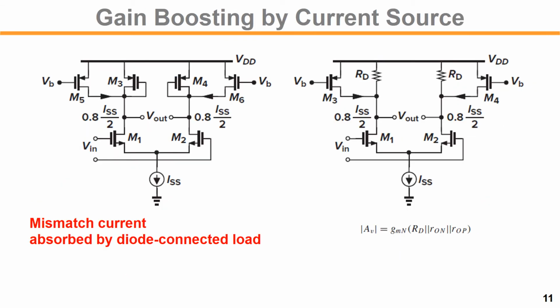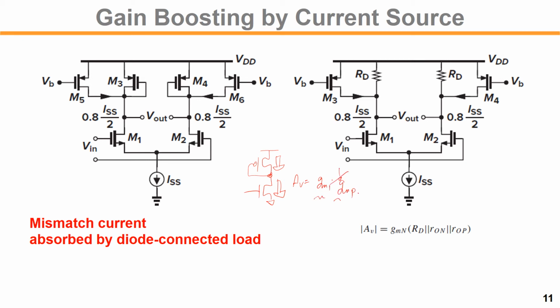There's another technique to get gain boosting. Consider the diode-connected PMOS load amplifier. In that case, we are sharing the bias current between the PMOS load and the NMOS input device. So the gain would be GM1 over GMP.